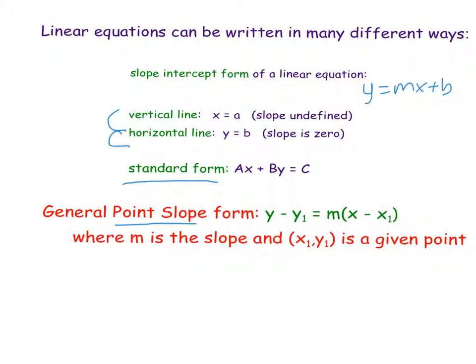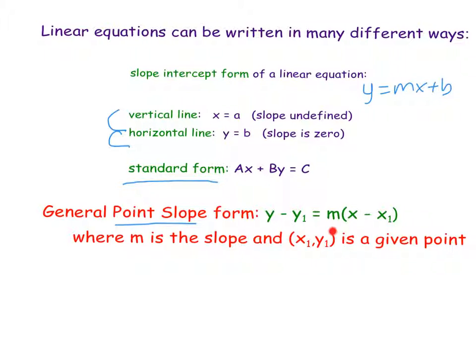So point-slope form is y minus y sub 1, where this is the y-coordinate of a given point, equals m, which is still our slope, times x minus x sub 1, where this is the x-coordinate.